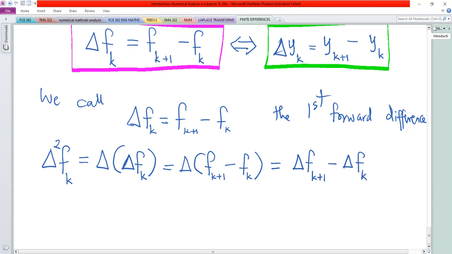And you see what the forward operator does to fk, it simply takes fk plus 1 minus fk. So forward of fk plus 1 will be given by fk plus 2, that's the next step, minus fk plus 1, and then minus, by definition, forward of fk is fk plus 1 minus fk.